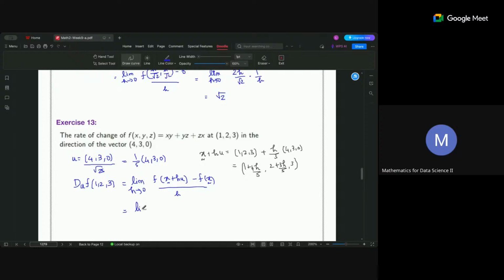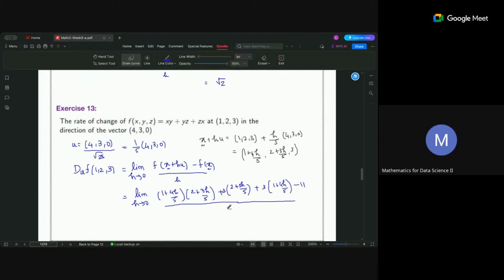So you have limit h goes to 0, (1 plus 4h by 5) times (2 plus 3h by 5) plus 3 times (2 plus 3h by 5) plus 3 times (1 plus 4h by 5) minus 11. So if you simplify this, what is that you will get? Calculate and tell me.